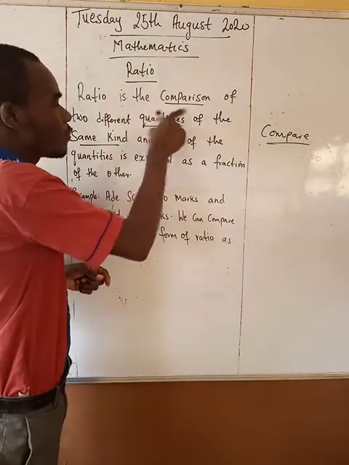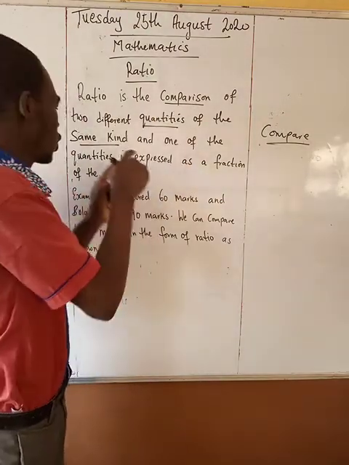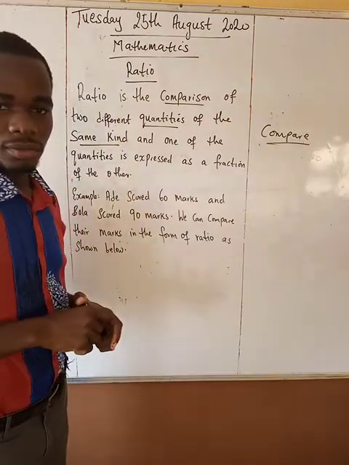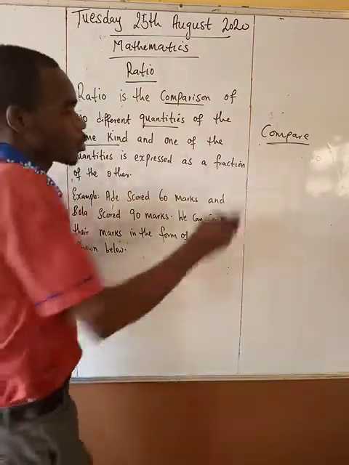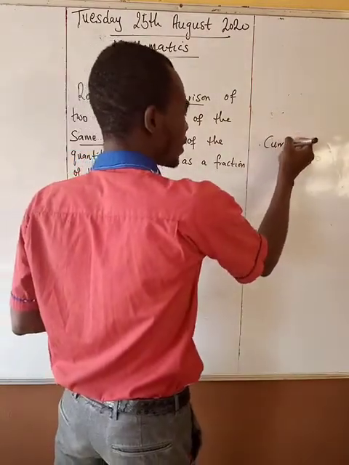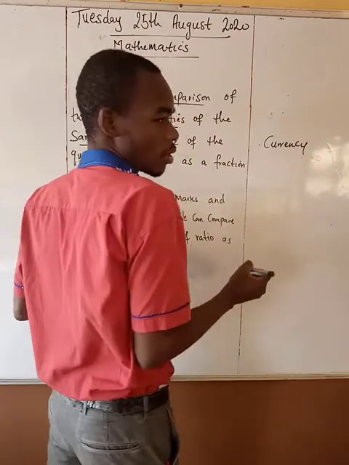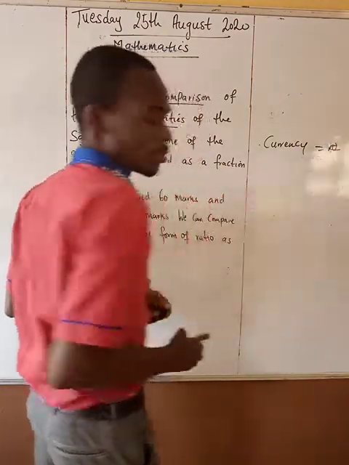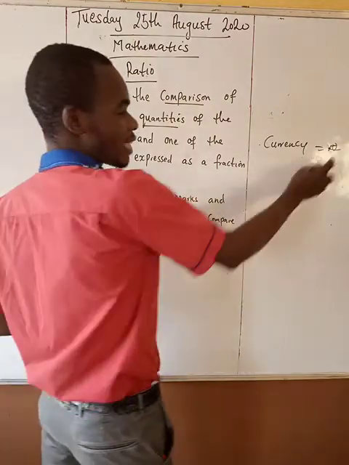Two different what? Quantities of the same kind. Let's look at two different quantities of the same kind. For example, in Nigeria, our currency is what? The naira.